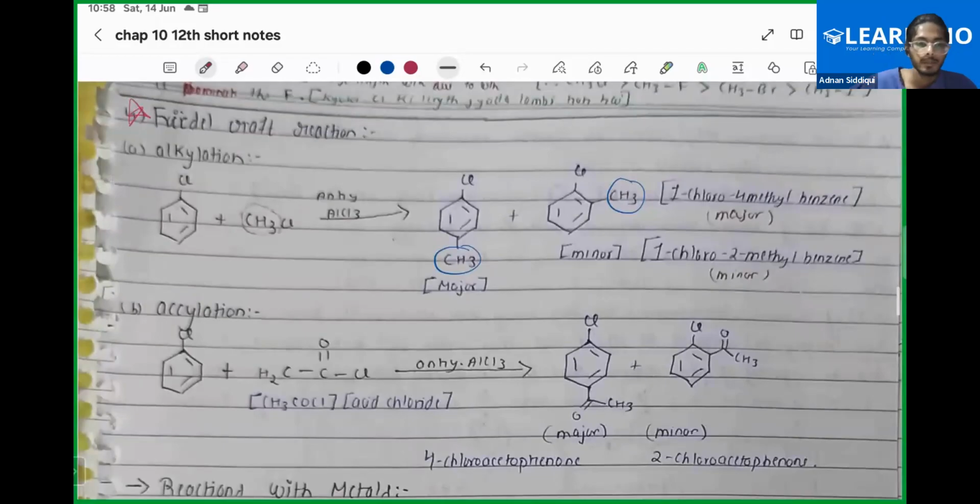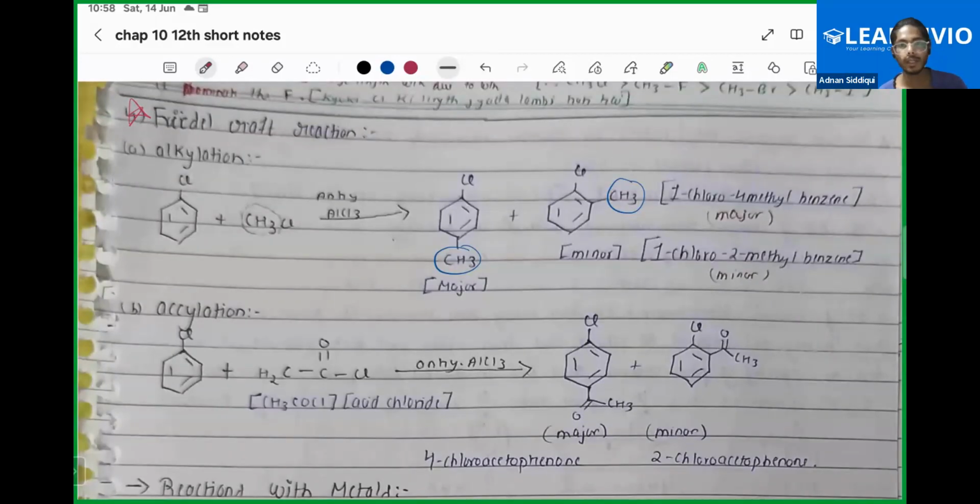Now, Friedel-Crafts reaction. Friedel was the name of the scientist. He made chemical reactions with the help of which we can add an alkyl group or acyl group. So the first thing we are going to talk about is alkylation. What is alkyl?